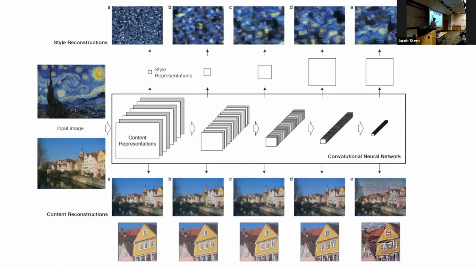So I think this image will start to answer that question. What we have here is 2 input images, and what the authors of the paper did is they extracted features at each layer of the neural network, and then they trained a separate neural network to reconstruct the input image from features extracted at that layer.